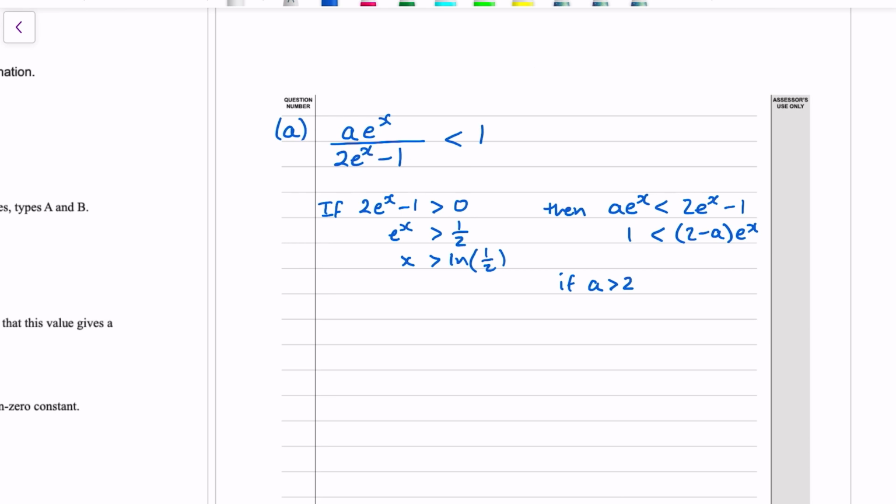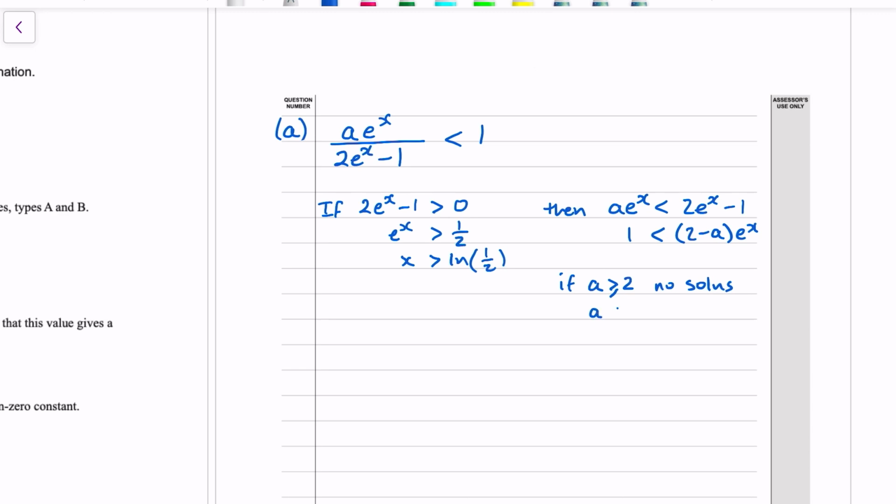We're going to have 1 is less than a negative number. No solutions. That's just a contradiction. If a is equal to 2, then we're going to have 1 is less than 0. No solutions. So a greater than or equal to 2 doesn't work.